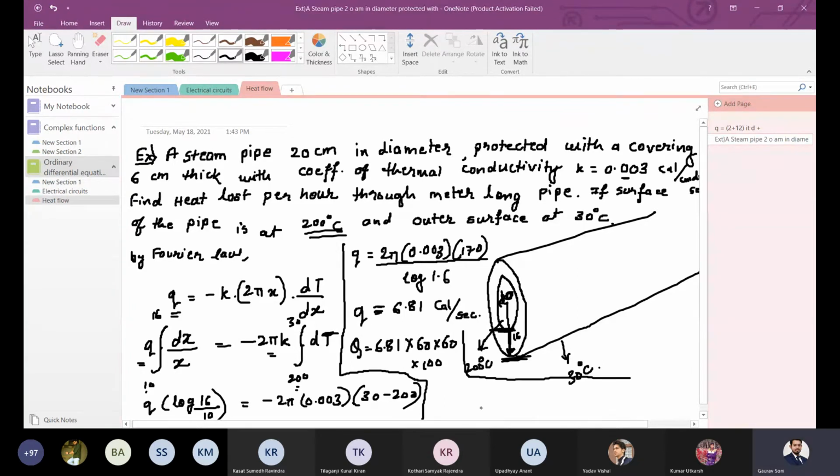So what will be the value now? 24 lakh 51,600, 2.4 into 10 power 6. This is so many calories per hour from 1 meter long pipe.